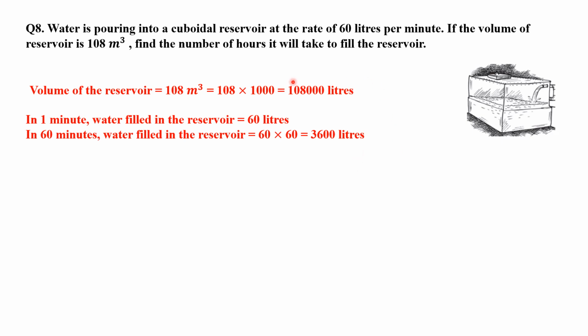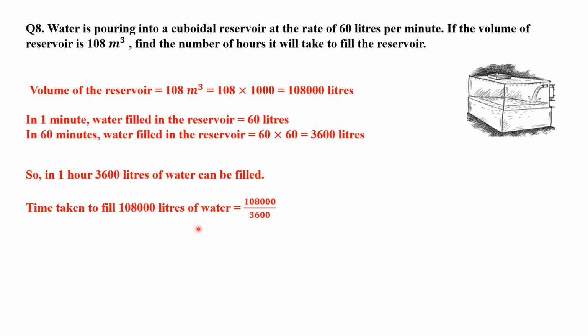So how much time it will take to pour 1,08,000 liters of water? So to find the number of hours, you have to divide the complete volume of the reservoir by the water filled in the reservoir in 1 hour. Okay, so time taken to fill 1,08,000 liters of water will be 1,08,000 divided by 3,600.